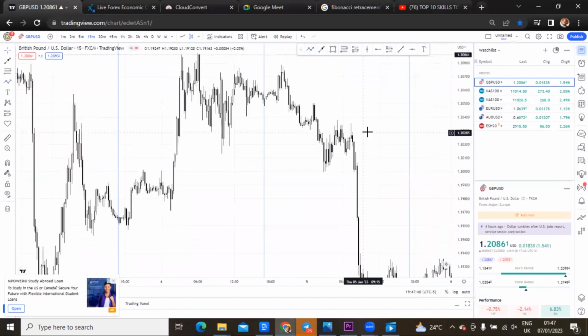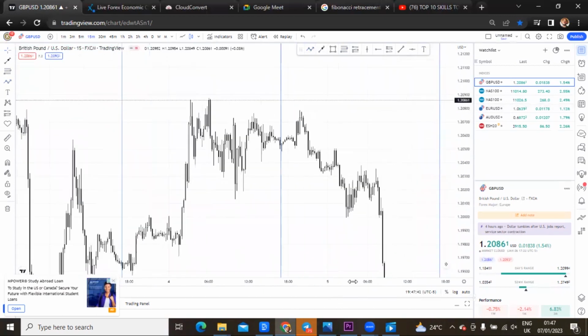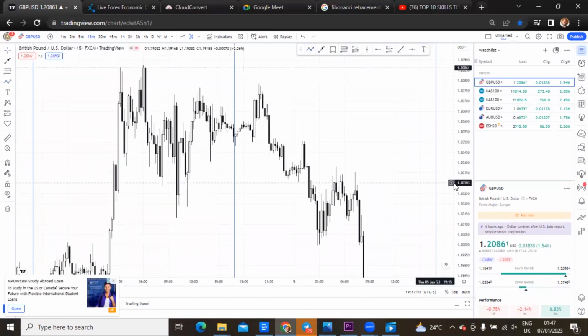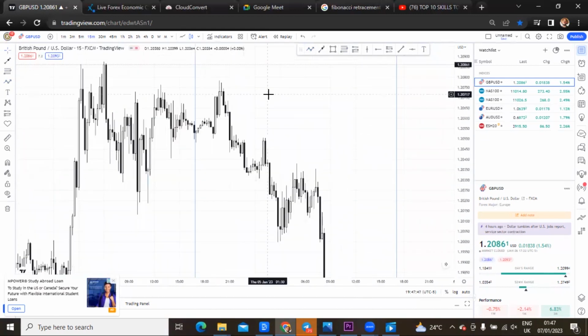Now we see a clean downtrend scenario, as you can see on GBP USD 15 minutes time frame. Okay, so this trend started here, and when it broke these lows like this, it broke this too.